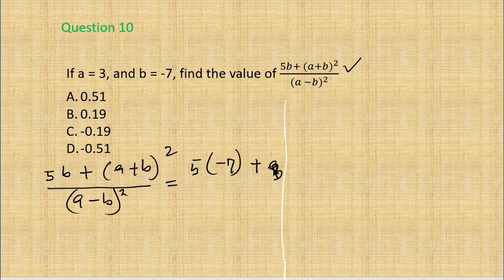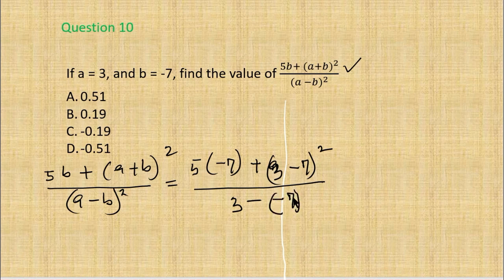A is 3, that's 3 minus 7, all squared. Don't forget the square. All over 3 again, that's a minus, but this time it is minus 7 all squared. Now if you see how I have placed it, in place of the b, I will replace the b with minus 7.